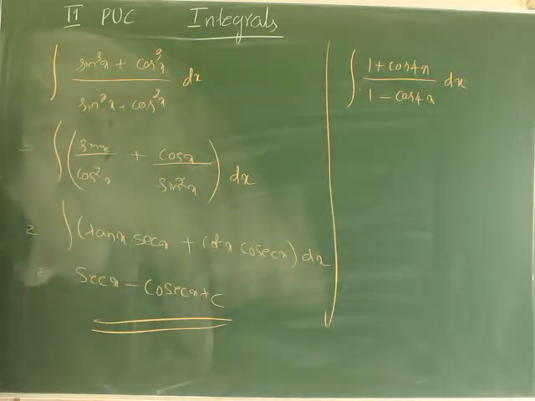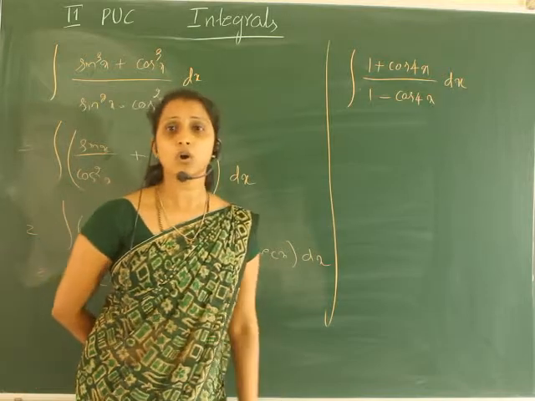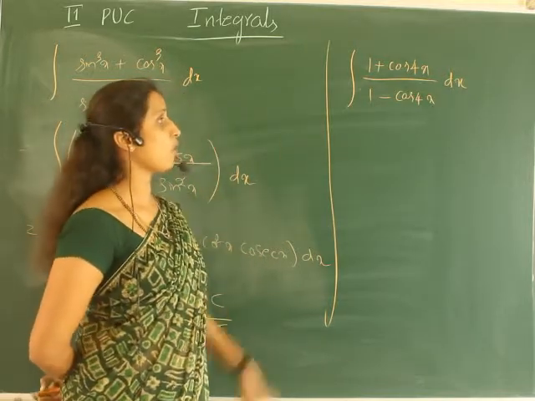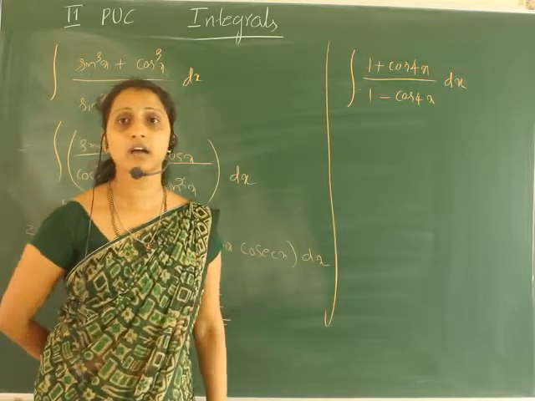So what is the integral value? What is 1 plus cos? We know that 1 plus cos 2x is 2 cos square x. Here it is 1 plus cos 4x, so 1 plus cos 4x is 2 cos square 2x.